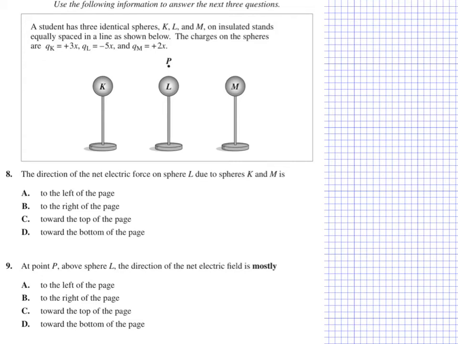So let's just highlight the positives and negatives. Okay, so QK is a positive, QM is a positive, but QL is a negative. So let's go ahead and draw these on. Now, if I was only looking at sphere K in isolation, of course, what I would be doing is drawing my arrows going away.